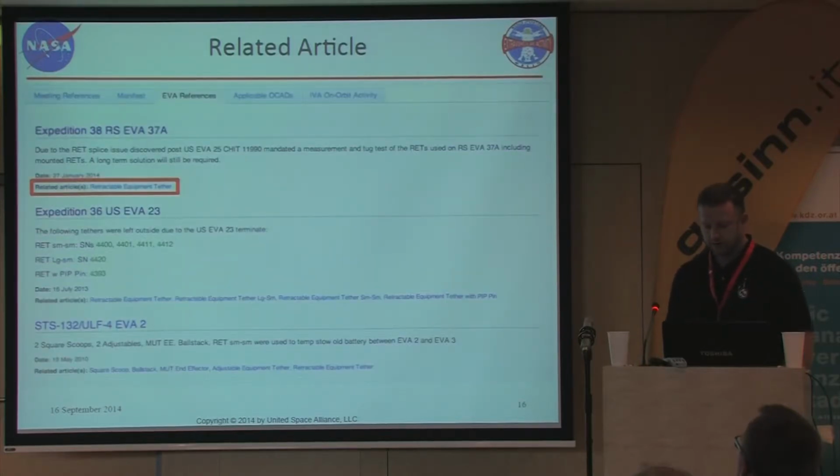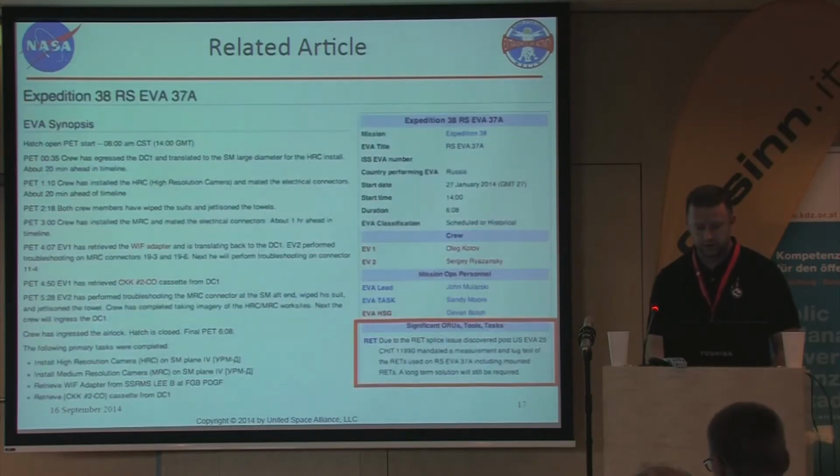Just to go through the rest of the footer, we're using the same principle here, EVA references. We can say that on a particular EVA, we had a tether that had an issue, and so likewise we can list out, here's a page for a particular EVA. We have some basic information about the EVA, who actually went outside and did it, who in our group was responsible for those operations, and then in the form we would have a field for significant tools.